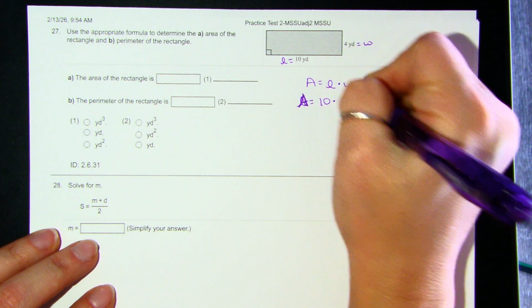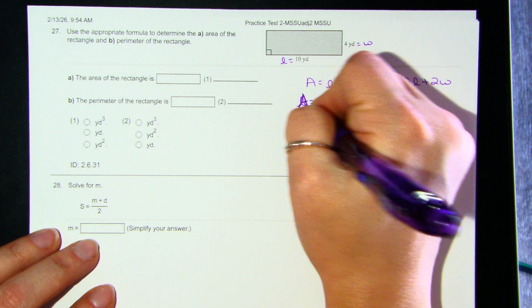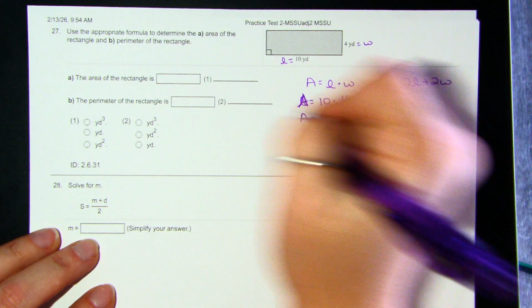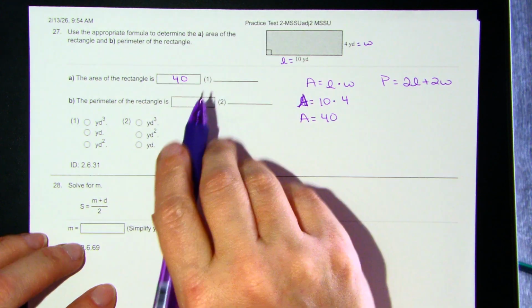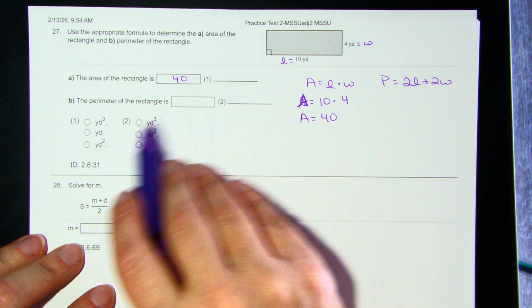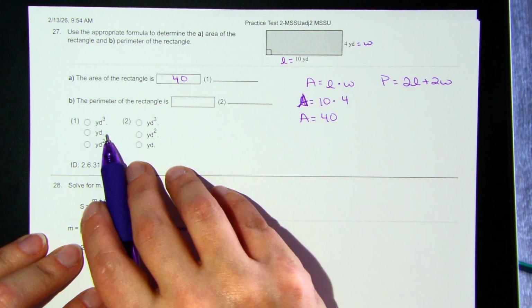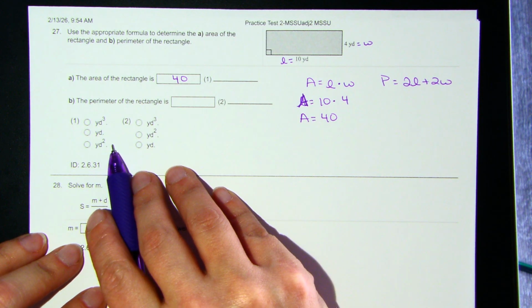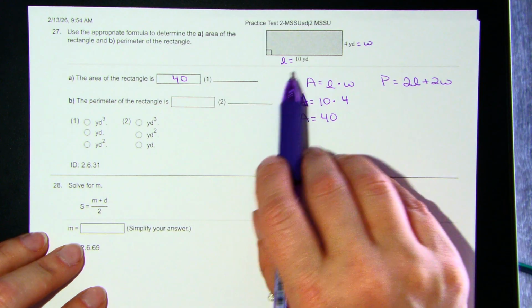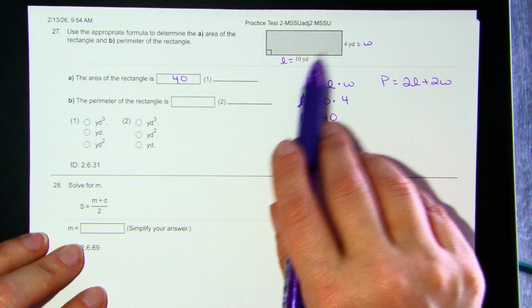We took a yard times a yard. If you take a yard times a yard, you're going to get yard squared. Area is always units squared, always.